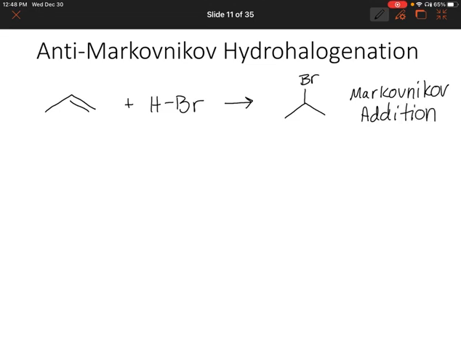But if we want the opposite to happen, so if we want bromine to add to the less substituted side, so we end up with the product I just drew there, in order to accomplish that, we need to add a peroxide.